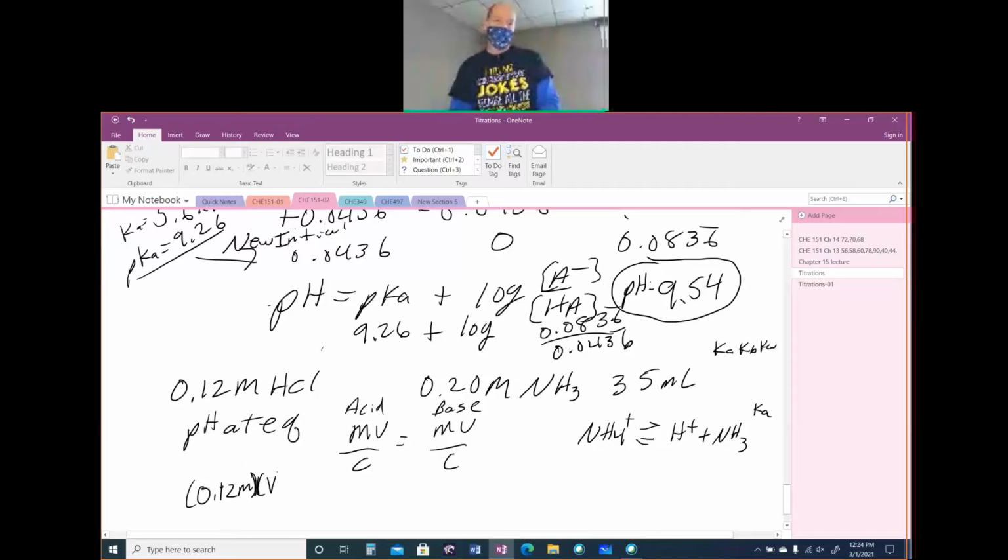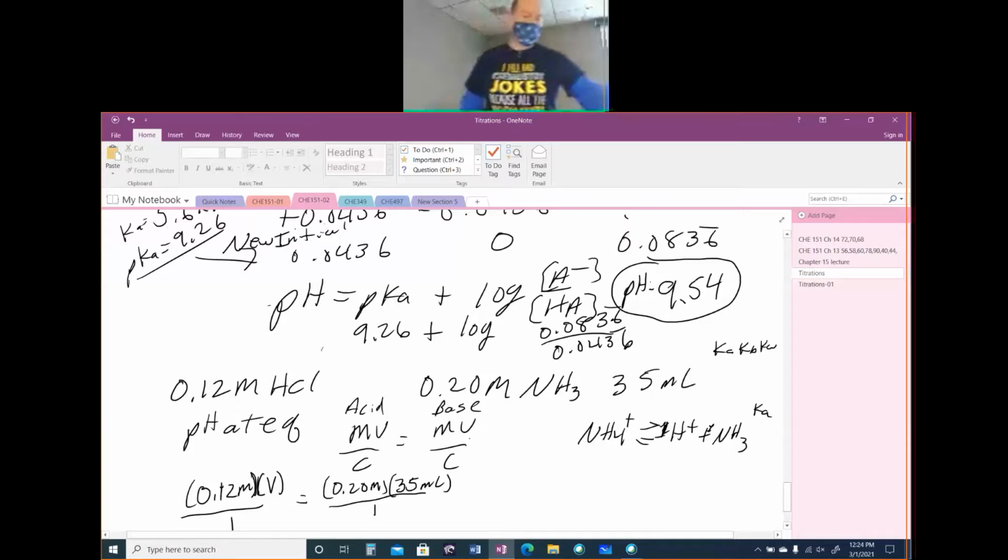So we're finding the volume of HCl required now that our coefficient for our H plus is 1. The molarity of the base, 0.20 molar. We had in our Erlenmeyer flask 35 mils. And the coefficient of the NH3, again, that's a 1. It's understood to be a 1 here, understood to be a 1 here.